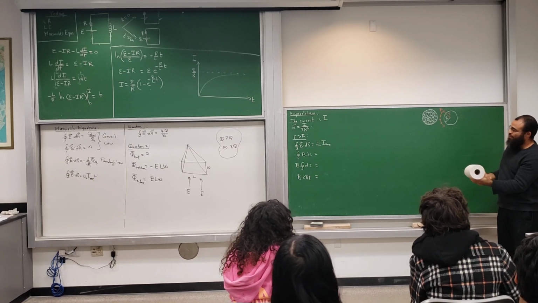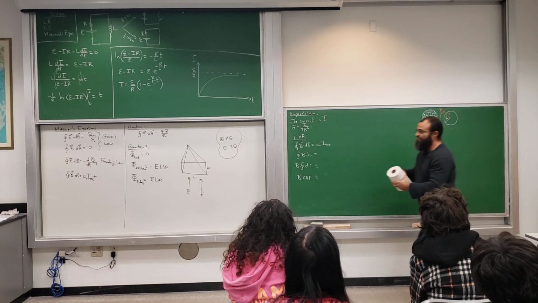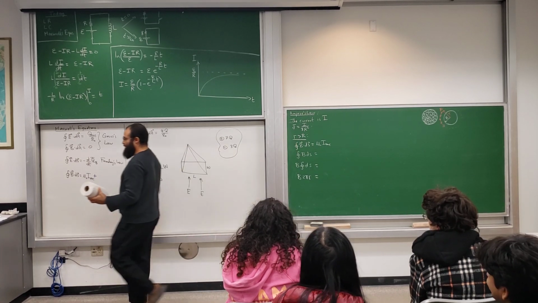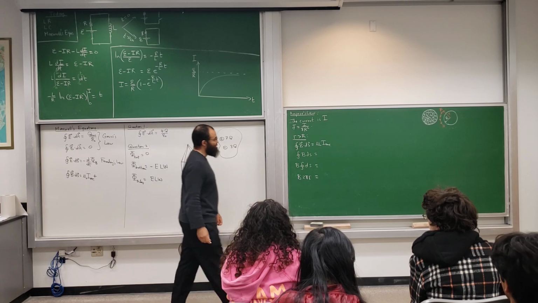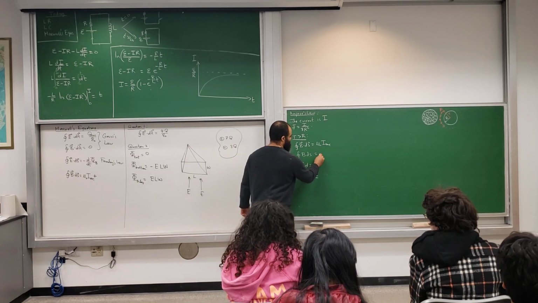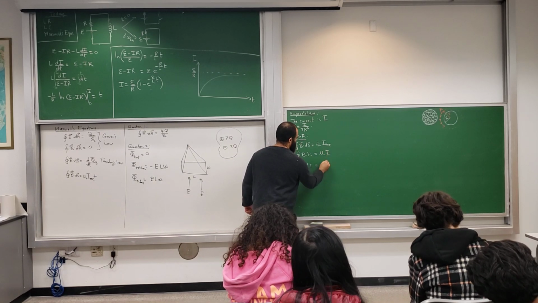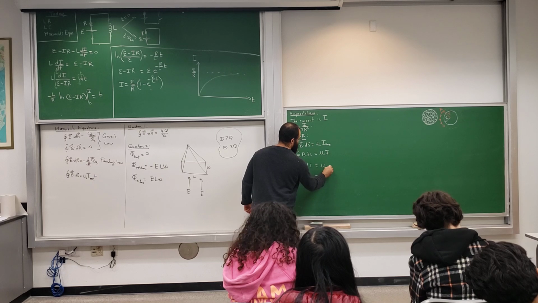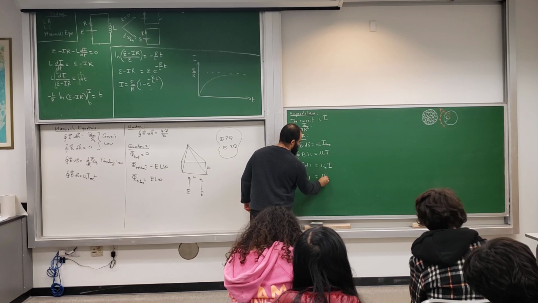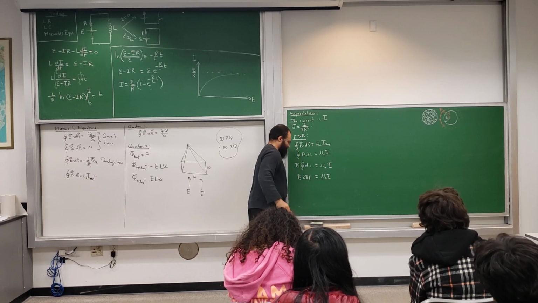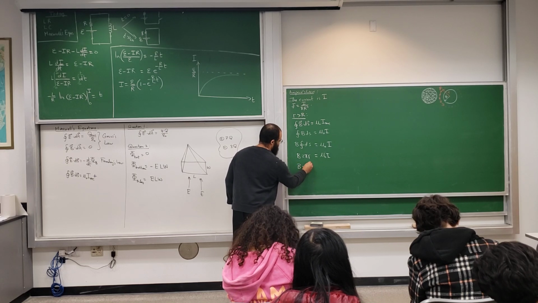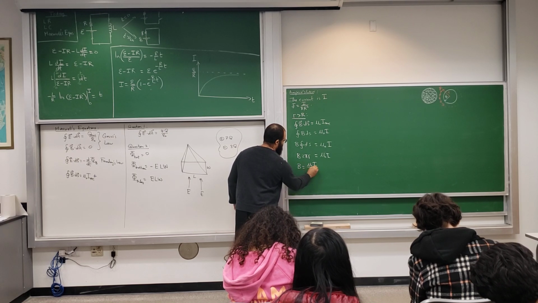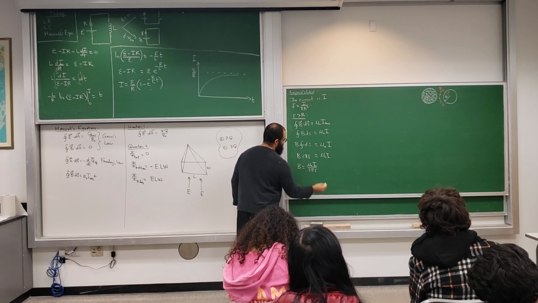So the current coming out is what? Just I, it's the total. So it's mu naught I, and here it's mu naught I. And so B would be mu naught I over 2 pi r, which is not surprising.